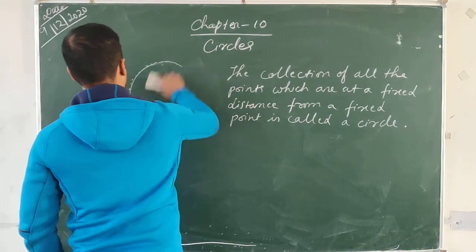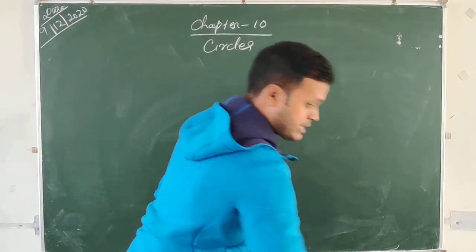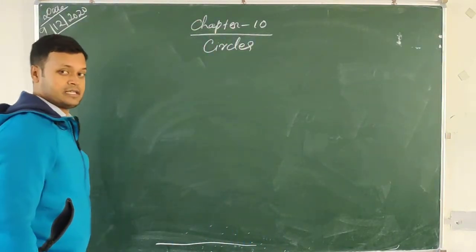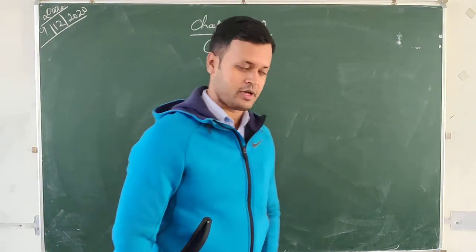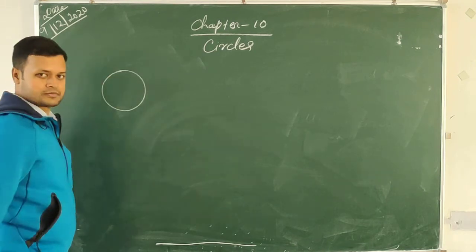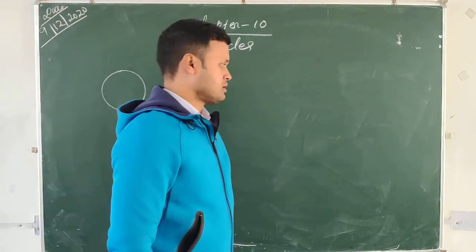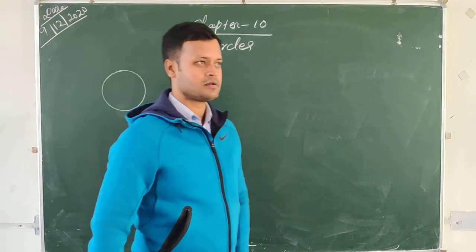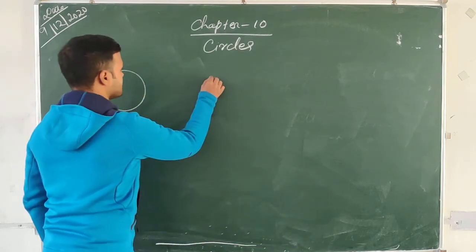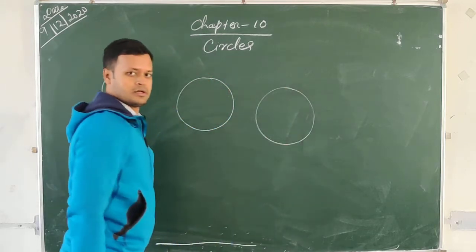So students, why is circles given to us as a separate chapter? Circles is given as a separate chapter because circles have a large number of applications in our daily life. As you will observe around yourself, the bangles that we use are of circular shape, the cycle's rim is of circular shape, and the Ashok Chakra in our flag is also of circular shape, isn't it?